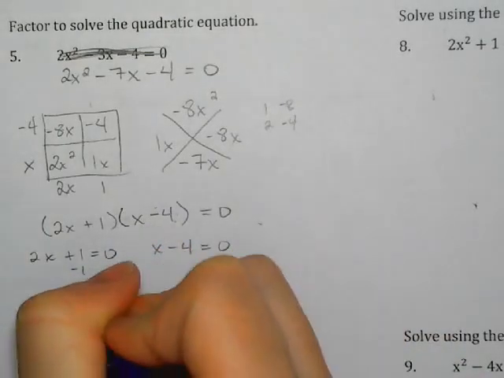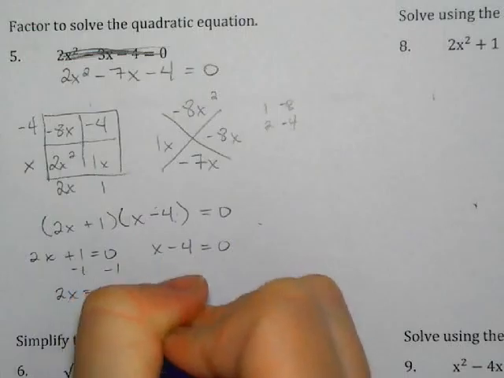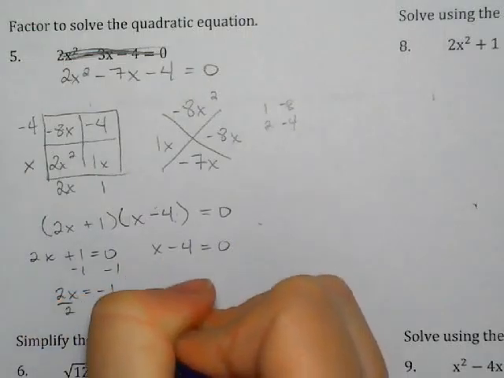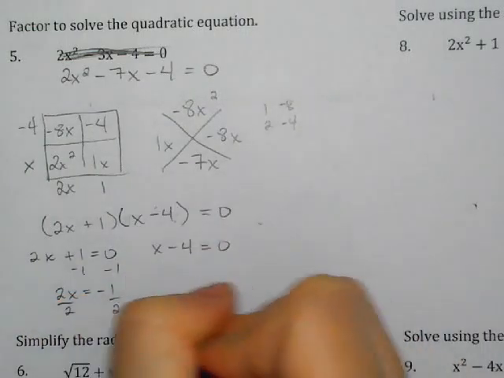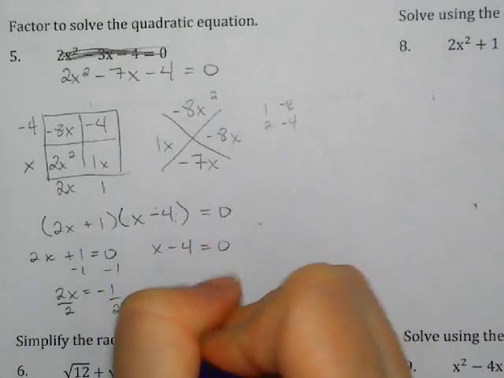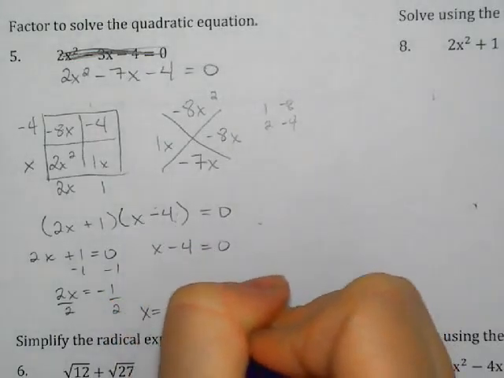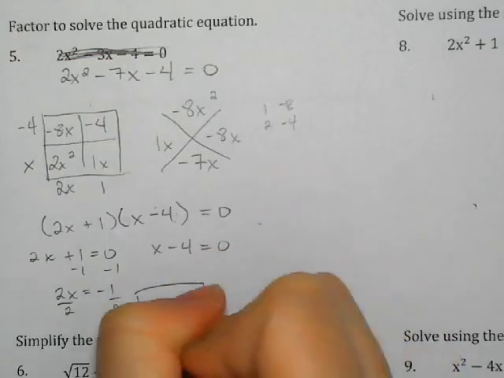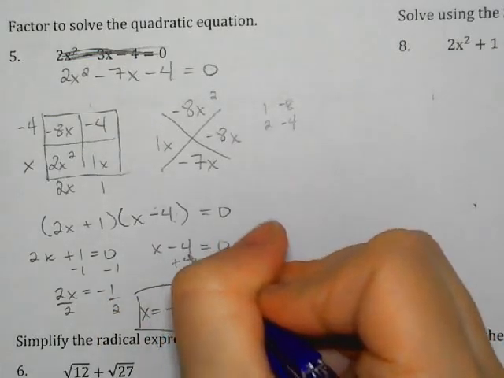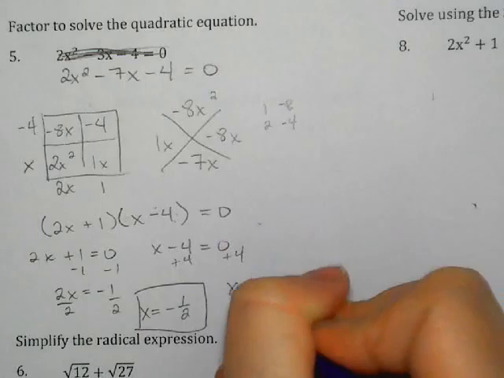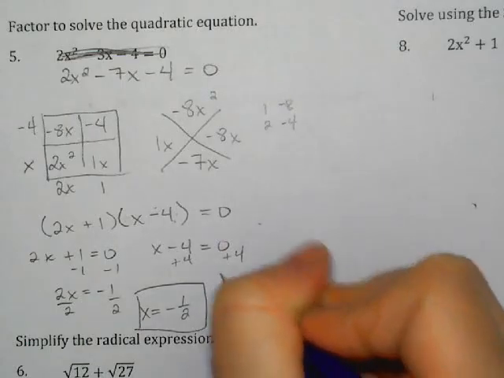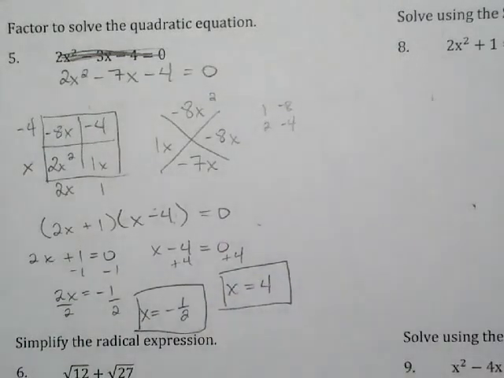Subtract 1 from both sides, so 2x equals negative 1. Divide by 2, so x equals negative 1/2. That's one of my answers. And then over here, add 4 to both sides, so I'm left with x equals 4, and I am done.